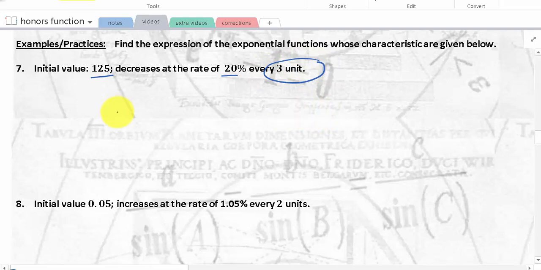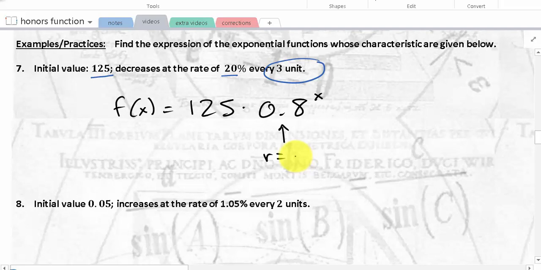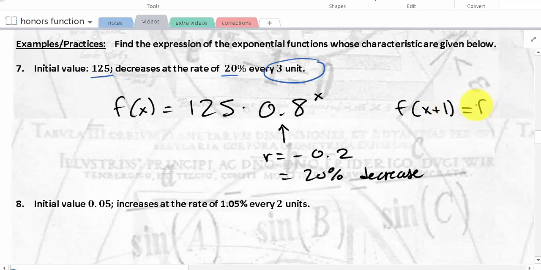So if you write f of x equals 125 times 0.8 to the x, now you do have r equals negative 0.2, right? So it's a 20% decrease. That's what a negative sign means, right? We do have our decrease of 20%, but the decrease happens every 1 unit, right? If you do f of x plus 1, it's going to be the same as f of x times 0.8, right?